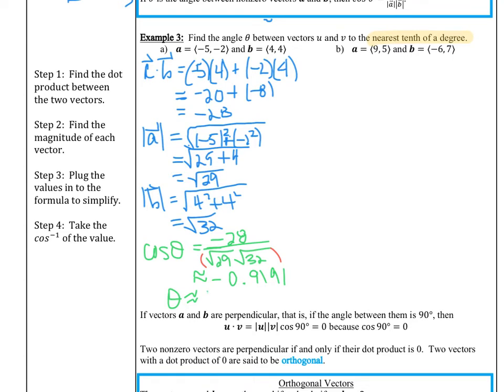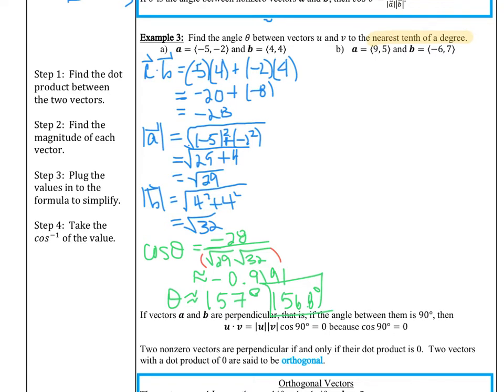And you should get about 157 degrees, which is in the printed notes. But it asks us for the nearest tenth, so it really should be about 156.8 degrees if we were following the directions.